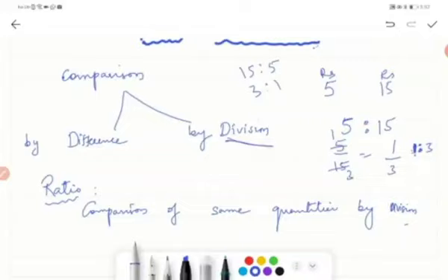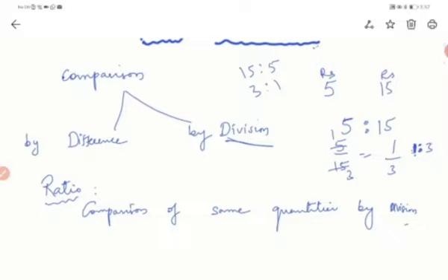If I compare my money to yours, then I will say I have 1 by 3 times the money of yours. When the comparison is from your side, you have 3 times more money than me. So this is how the term changes.